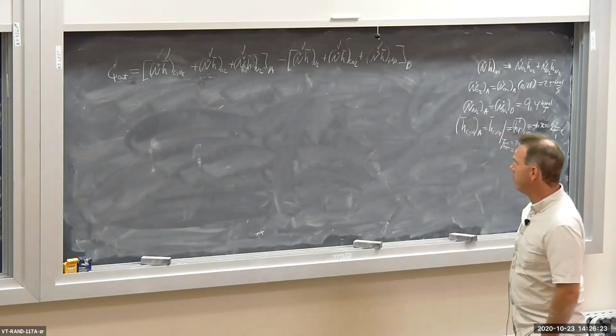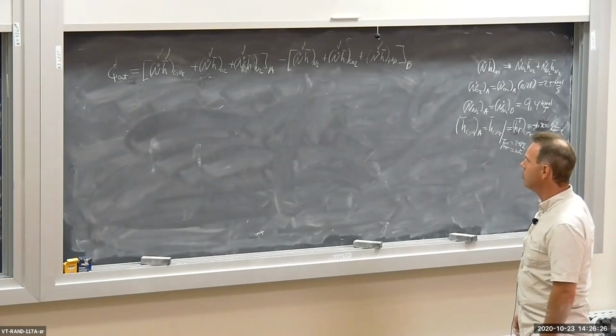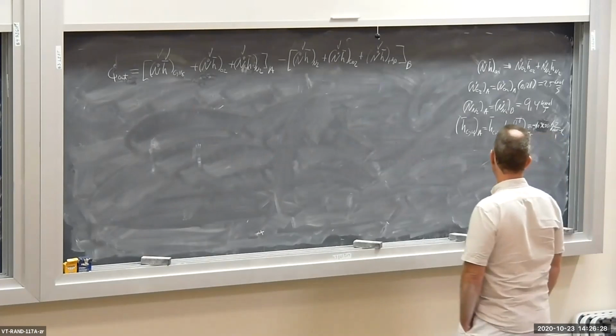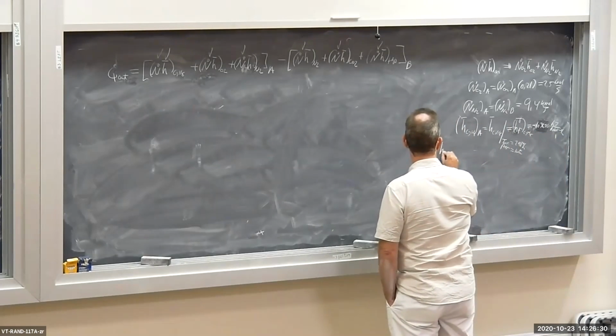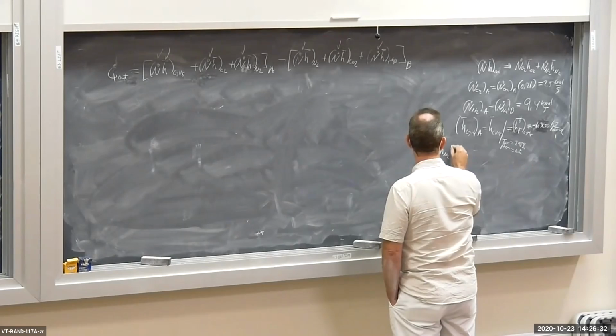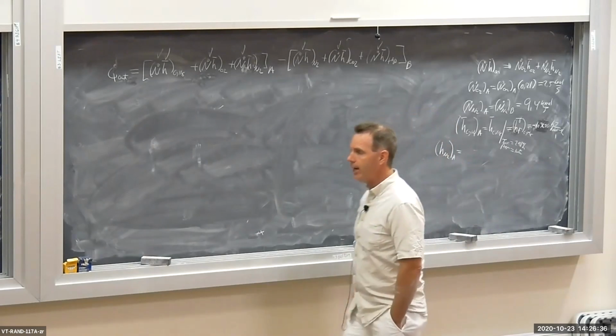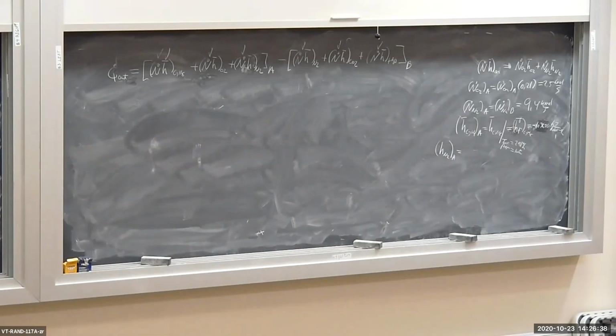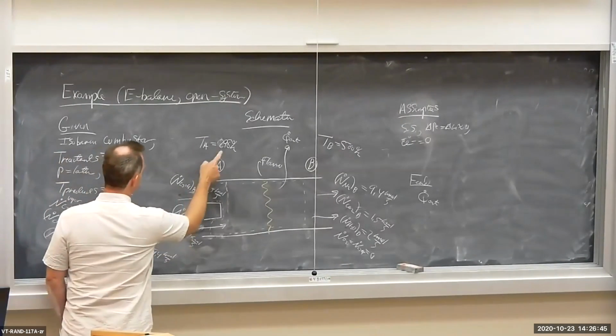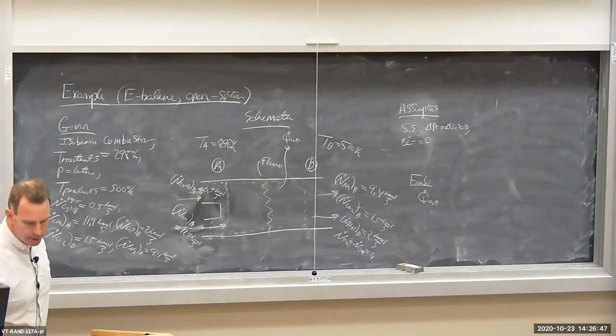What about the enthalpy of formation for the nitrogen and the oxygen at A? Let's see here. H of the N2 at A. Well, again, the reactants are all at the reference temperature and pressure, 298.